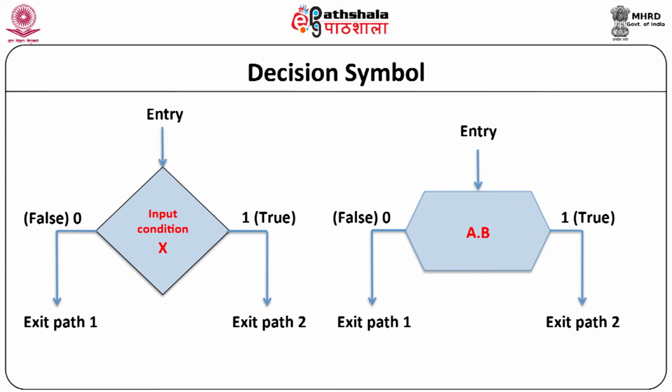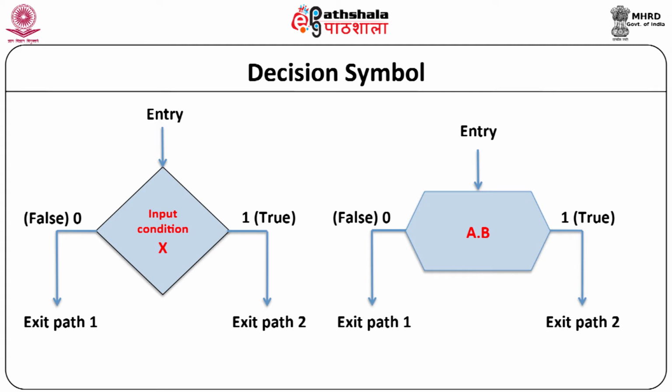The decision symbol explains the effect of an input on the control subsystem. A Boolean variable or expression written inside the diamond indicates a condition which is evaluated to decide which branch to take. The exit paths lead to the symbols corresponding to the next state.